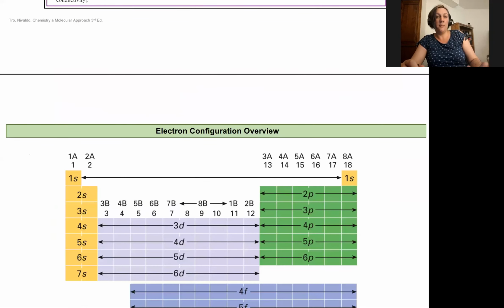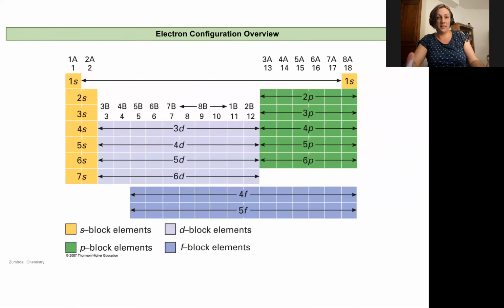So in talking about the electronic structure of transition metals, let's do a brief overview of electron configurations, which were covered in Chemistry 161. So here's my periodic table broken out by the different types of orbitals that are characterized by the last electron placed in that element. So we have our s orbitals and our p orbitals, d and f.